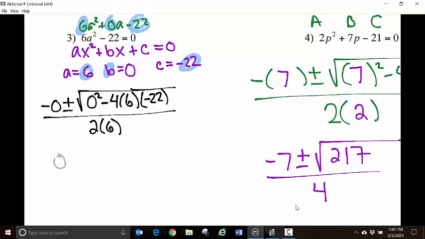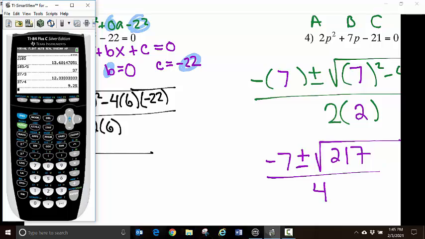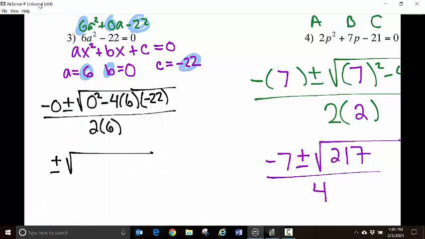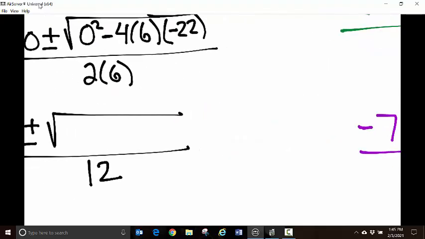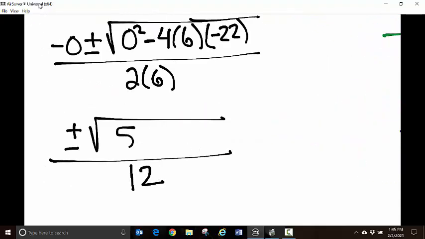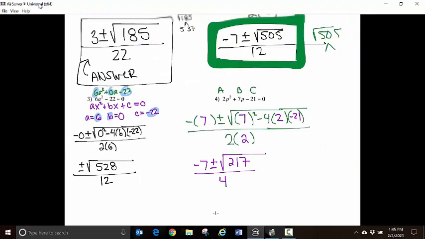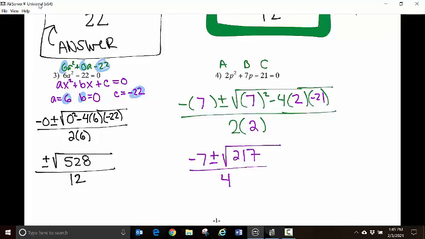It's just gone. So we have plus or minus. And if I were to put that in my calculator, tell me what it is. 528. We could maybe be done, but we're going to try to do a tree with 528.